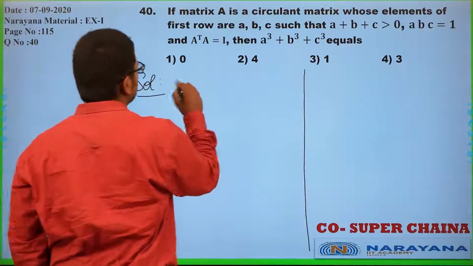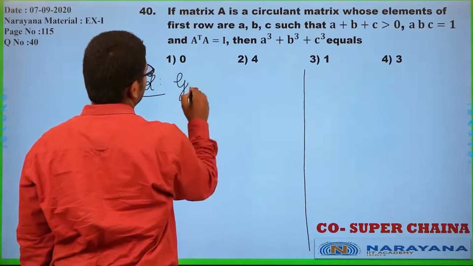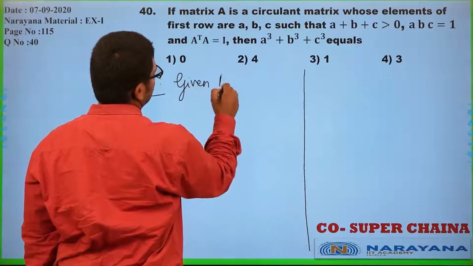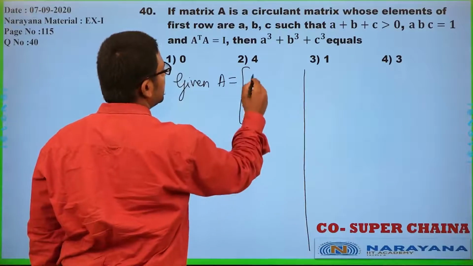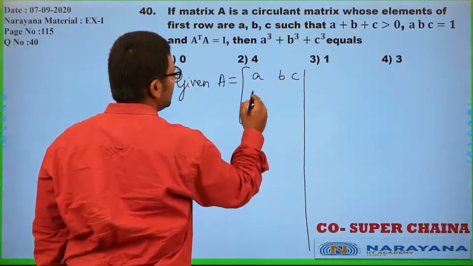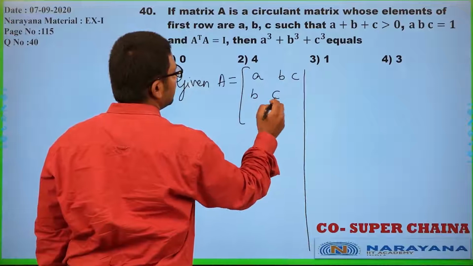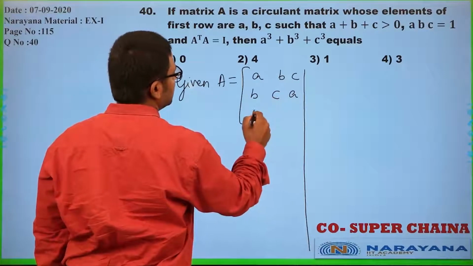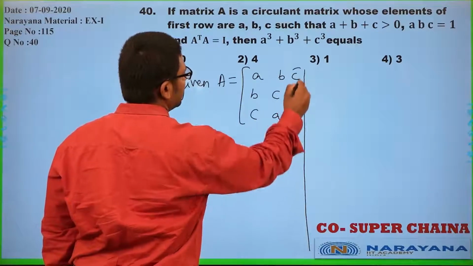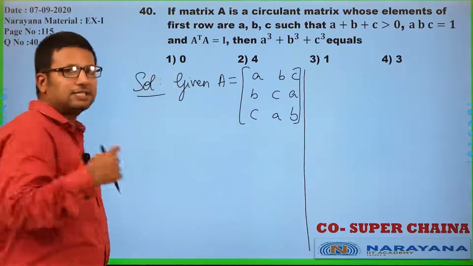So, given A equal to, this is the circular matrix: a, b, c; b, c, a; c, a, b. The elements are cycling.